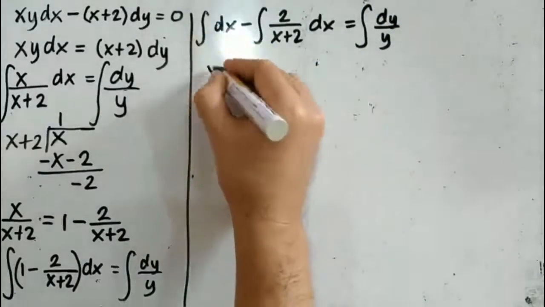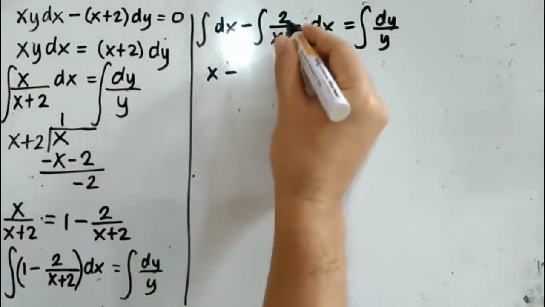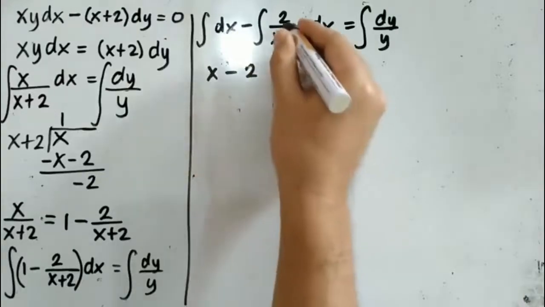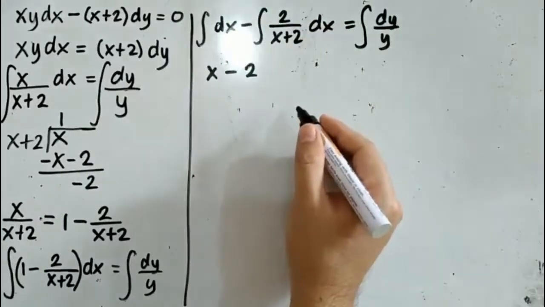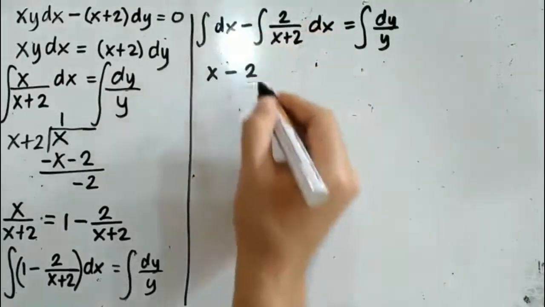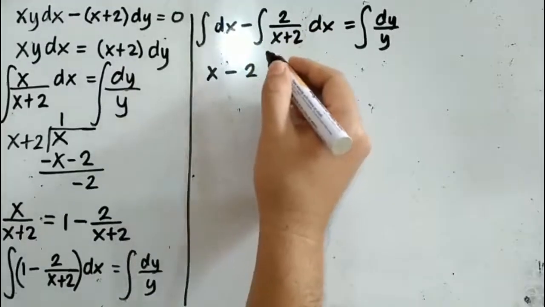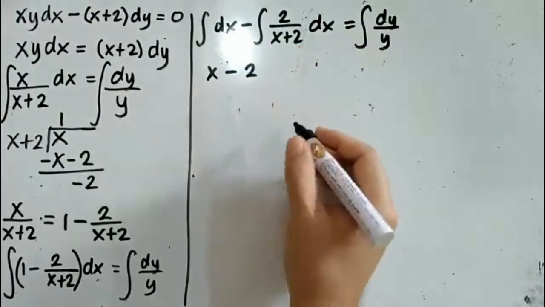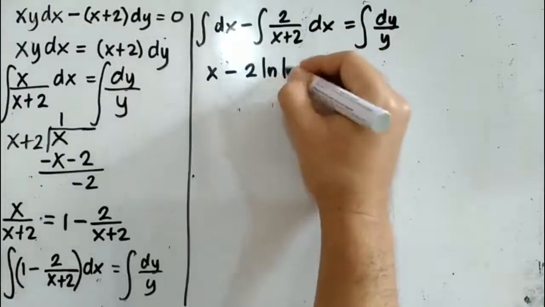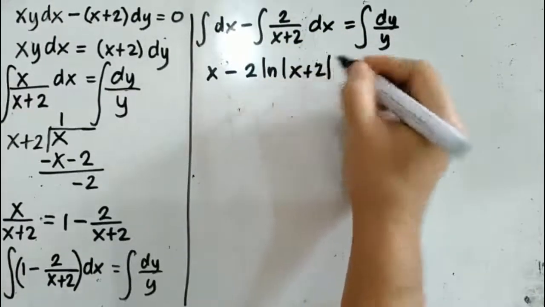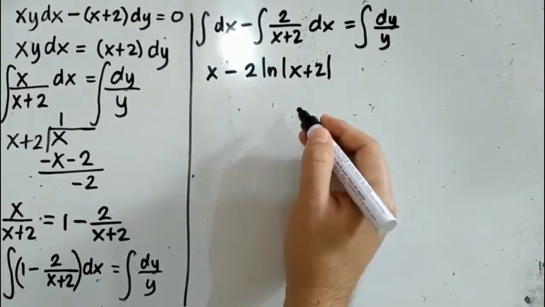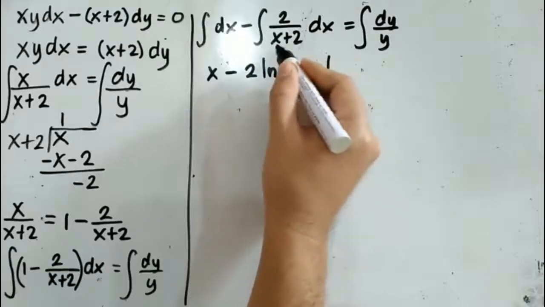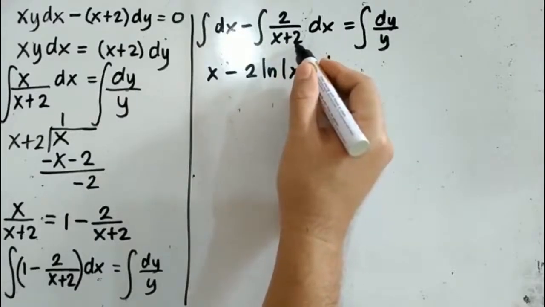The integral of dx is x, minus the integral of 2 over x plus 2. We can take out 2 from the integrand, outside of the integral sign, and then we can integrate 1 over x plus 2. 1 over x plus 2 is ln of x plus 2, because we can directly integrate: if this is our u, x plus 2, du is simply equal to 1.